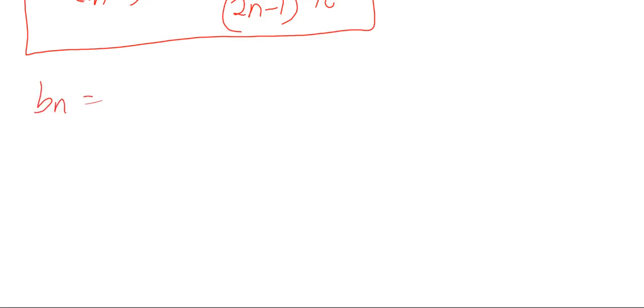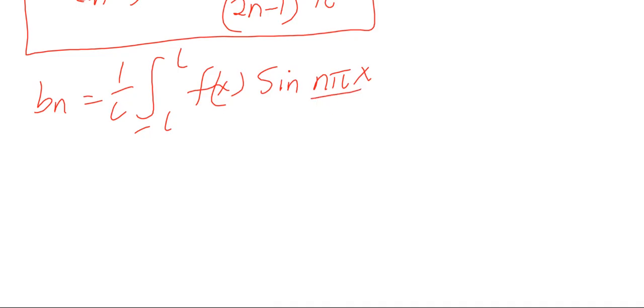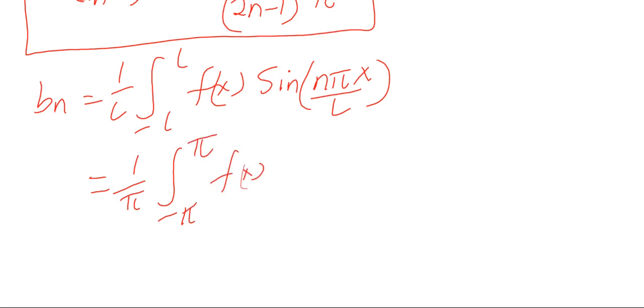So we write b_n is equal to the integral from minus L to L, we have 1 over L, f of x sine of n pi x all over L, and this reduces to 1 over pi in this case, integral from minus pi to pi, f of x sine of nx, when we replace L with pi, because L was pi.